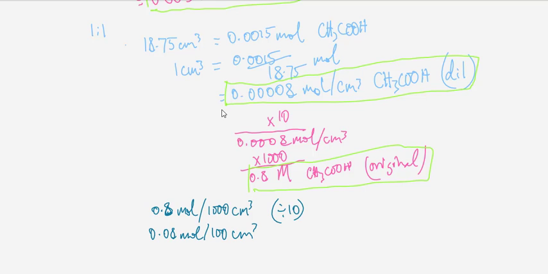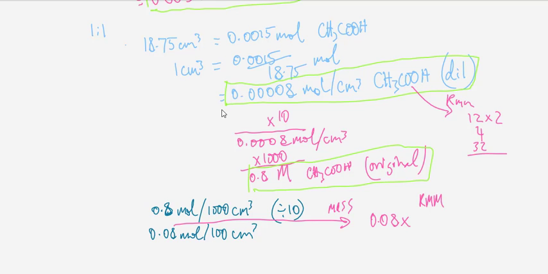And now we need to convert the moles into mass. So we'll multiply 0.08 by the relative molecular mass of ethanoic acid. Remember, there's 12 by 2, and hydrogens, there's 4 of them, and oxygen, there's 2 of them, and that's 32.